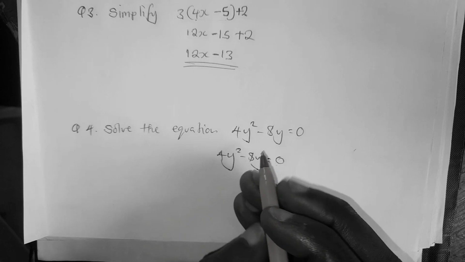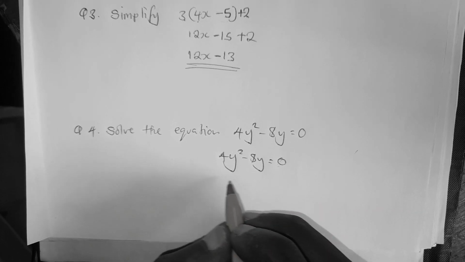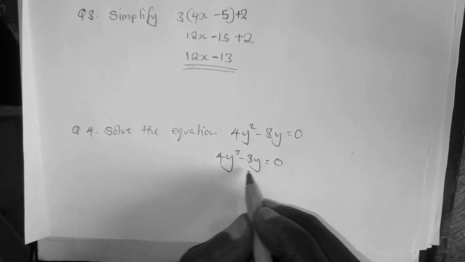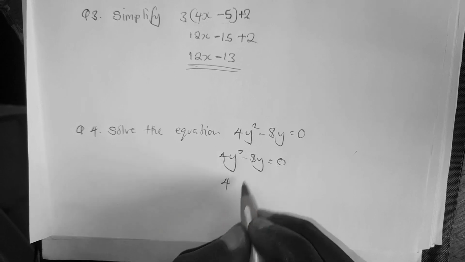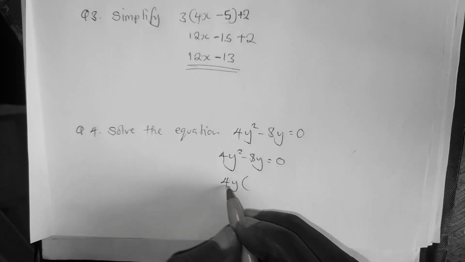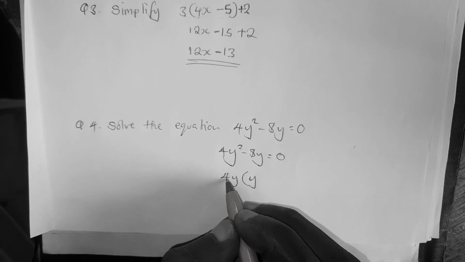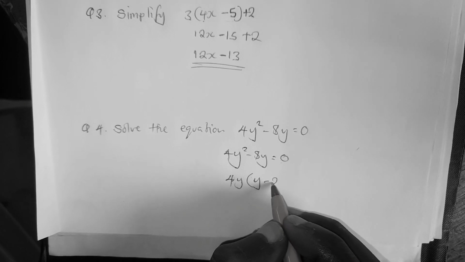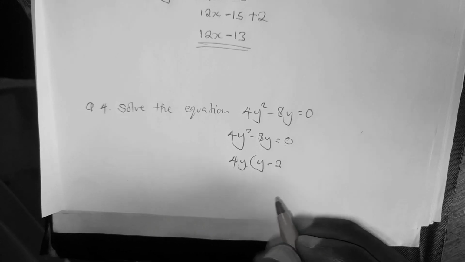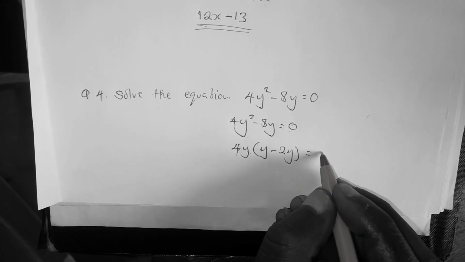When you don't have a constant, just factorize. What is common here is 4y. 4y into 4y squared remains with y. 4y into negative 8y is negative 2. The y's cancel.